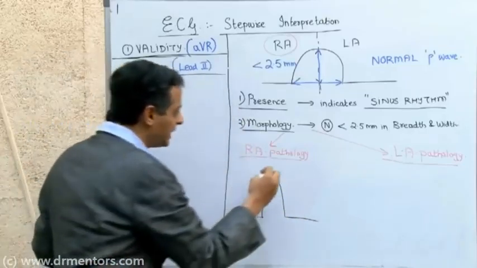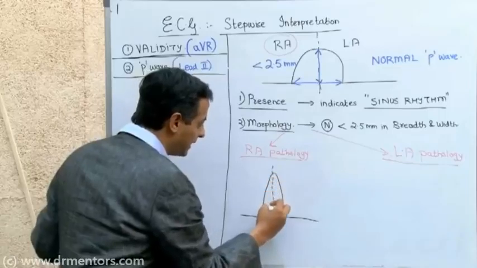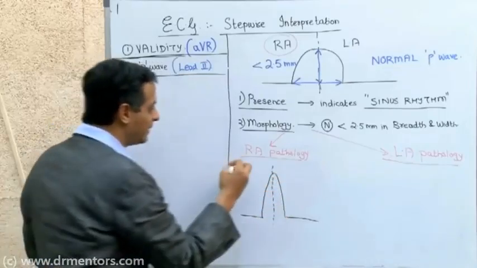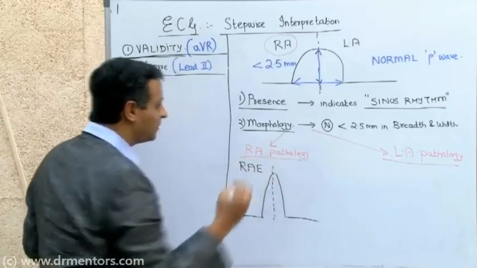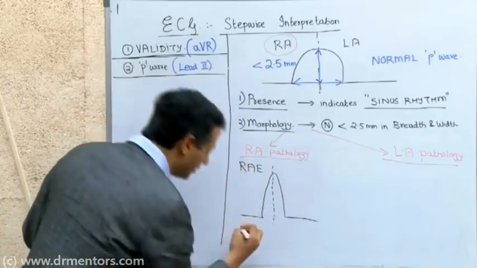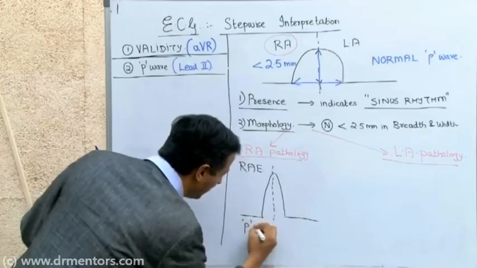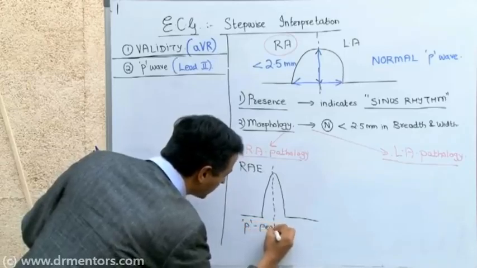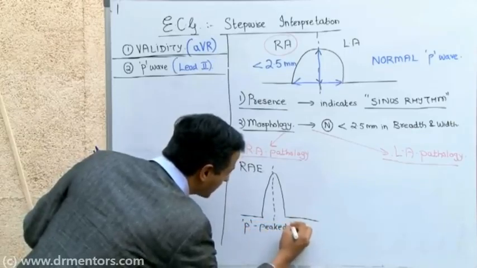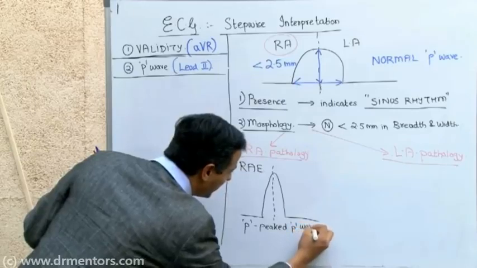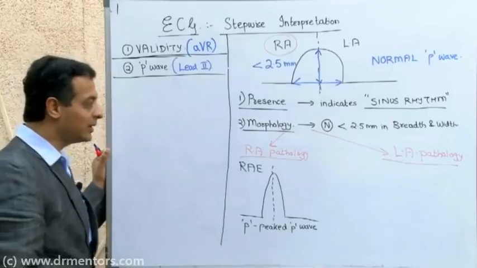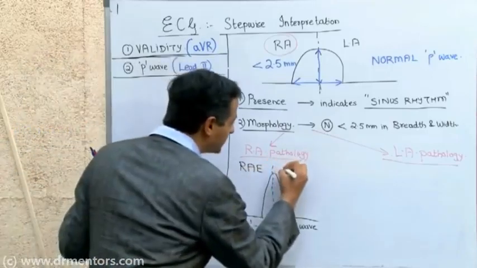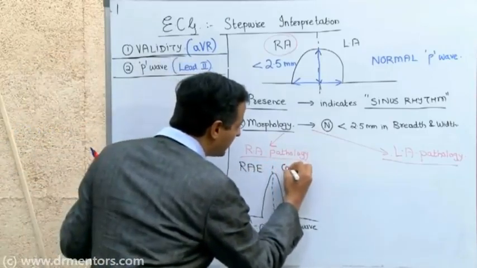So the first part, right atrial enlargement, will be seen, and how does it look like? It is called peaked P wave. And what is the common cause?